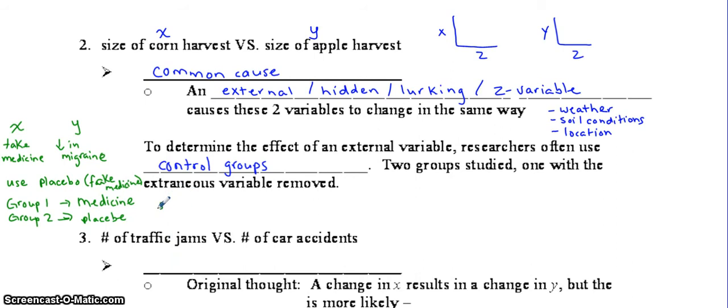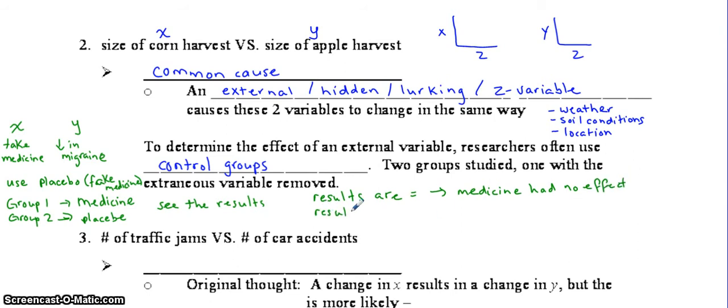And they see the results, and they want to see if they get the same results. If the results are equal, then that means the medicine didn't have an effect. And if the results were different, then you can say that the medicine had an effect.